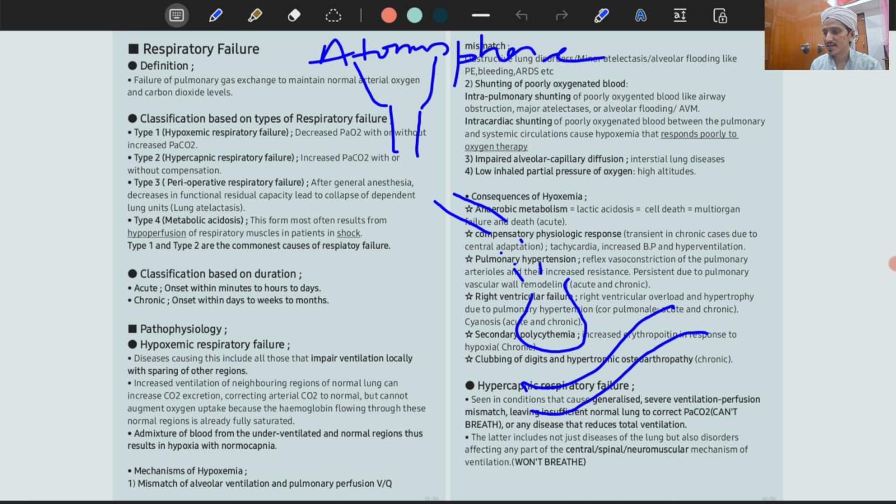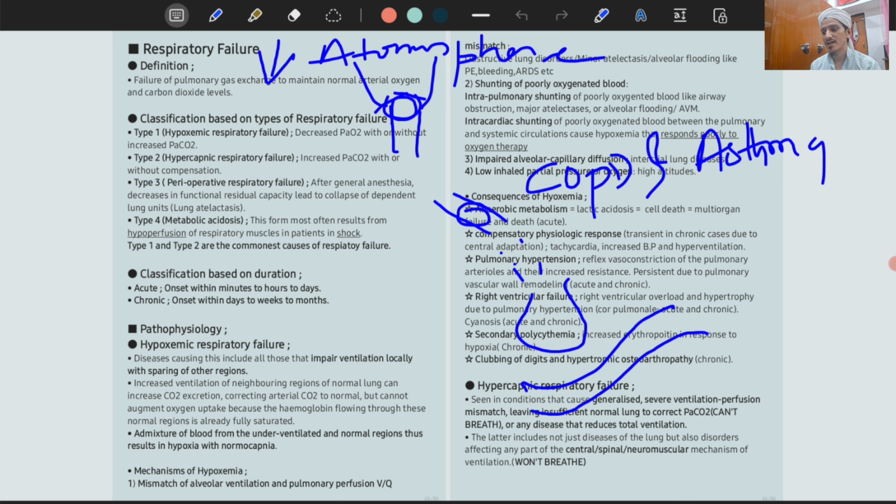Now when there is decreased oxygen in the atmosphere, there will be hypoxemia, like in high altitudes. When there is major airway obstruction, again there will be hypoxemia. When there is obstruction in the large airways, like in obstructive lung disease, most commonly COPD and asthma, again there will be less oxygenation.